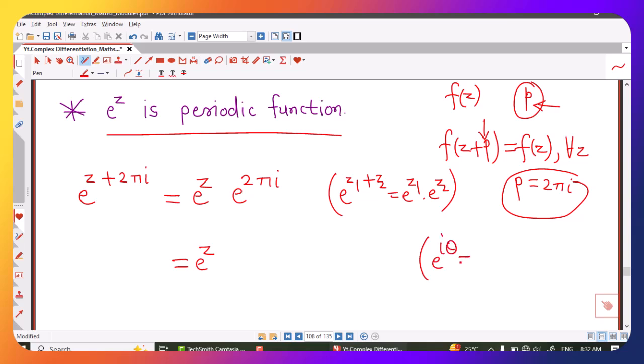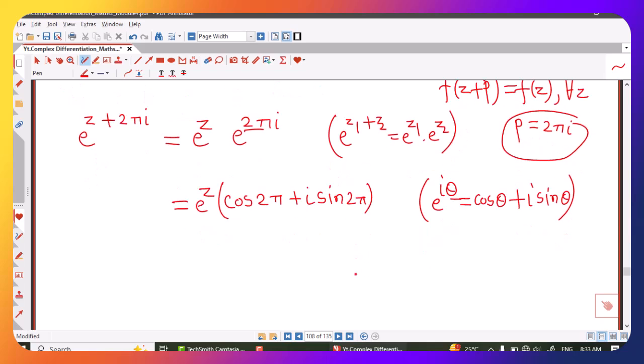If I have e raised to I theta, I can write it as cos theta plus I sin theta. Instead of theta we have 2 pi. If we compare this with e raised to I theta, theta is 2 pi. So using this formula we can write this as cosine of 2 pi plus I sin 2 pi, and cos 2 pi is 1, sin 2 pi is 0.